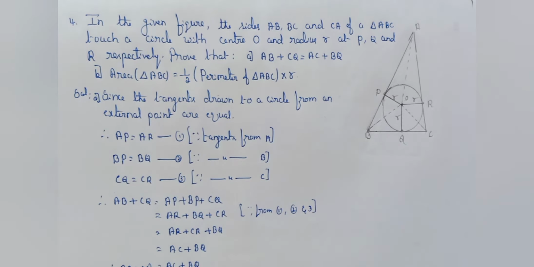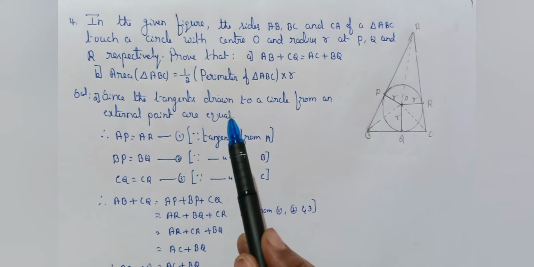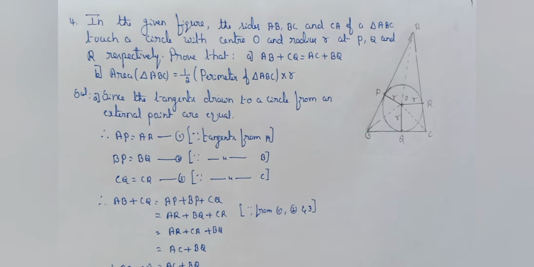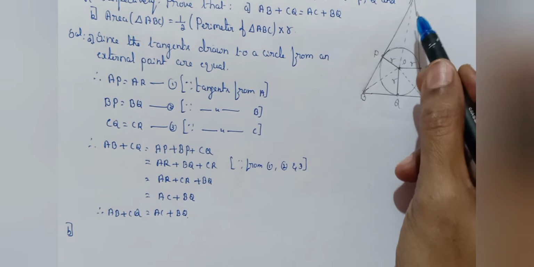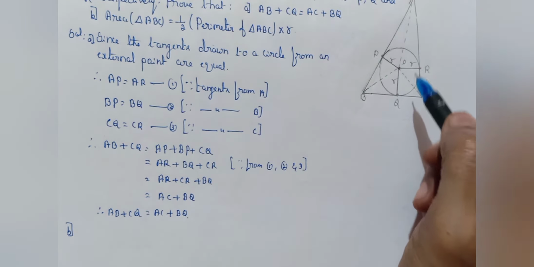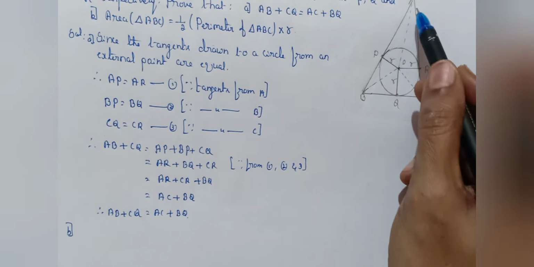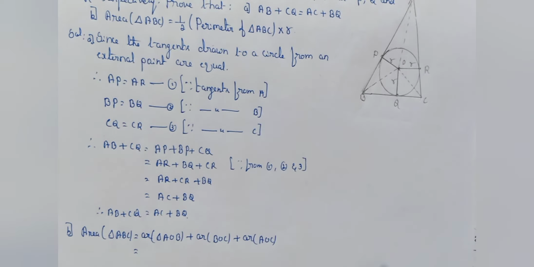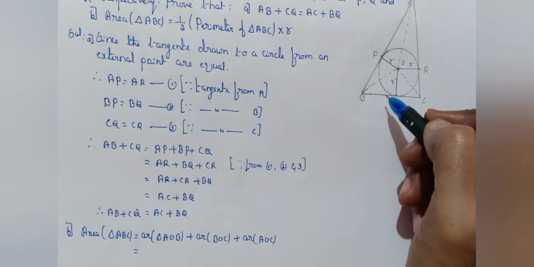Next, we have to prove the area of the triangle ABC is equal to half of the perimeter of the triangle ABC into radius. Now, see the figure. The area of the triangle ABC is equal to the sum of the area of the triangle AOB plus BOC plus triangle AOC. Area of the triangle AOB is half into base into height.